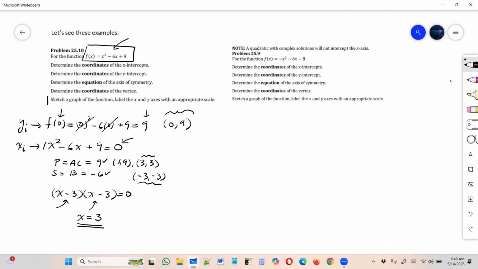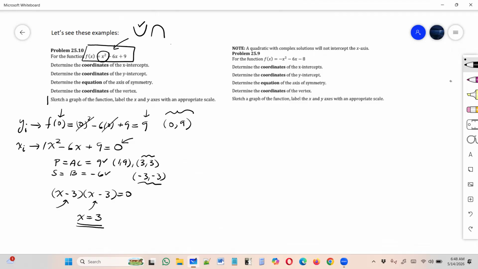Is this parabola concave up or concave down? And for that, you would look at this. This is positive, it's concave up. But because there's only one x, this only touches on x equals 3.